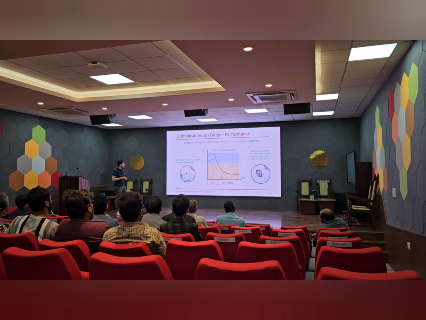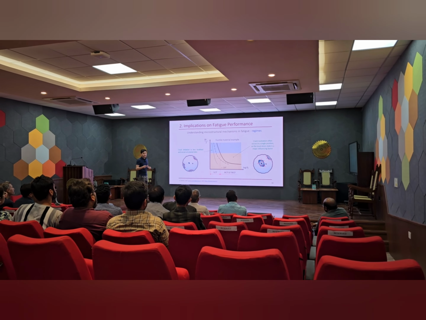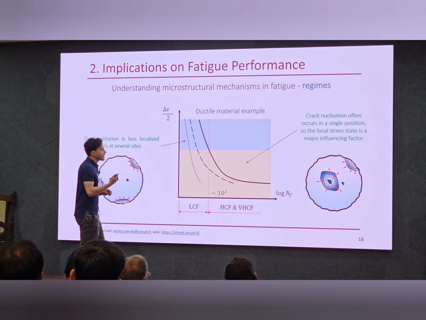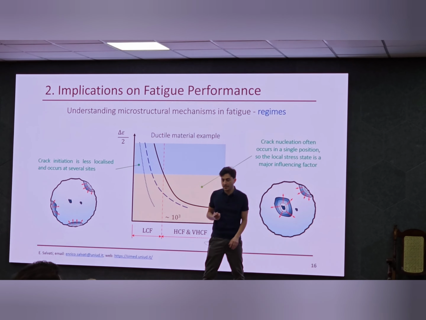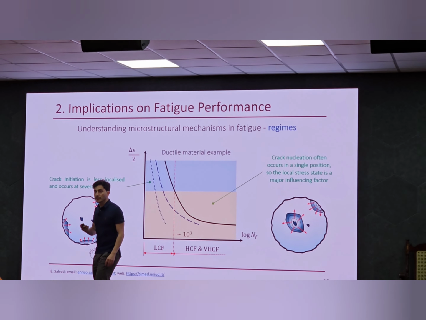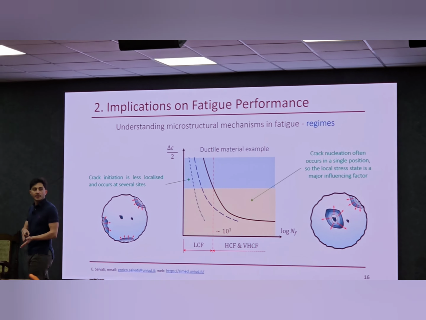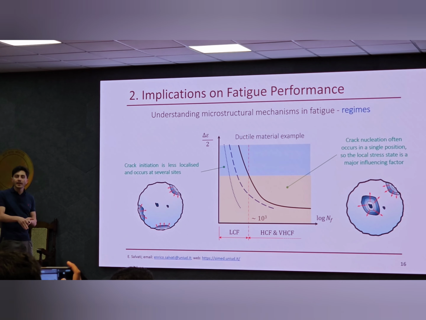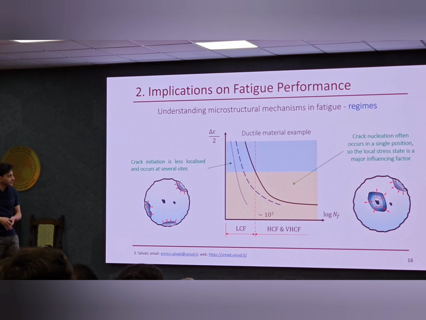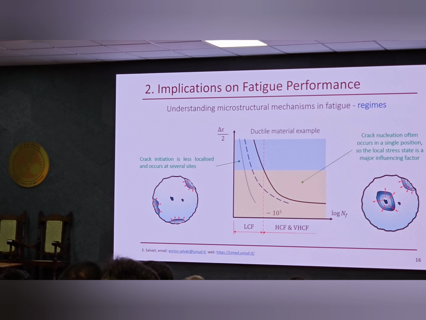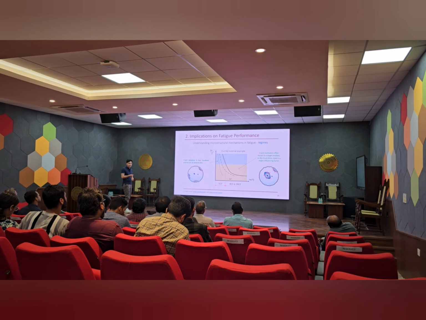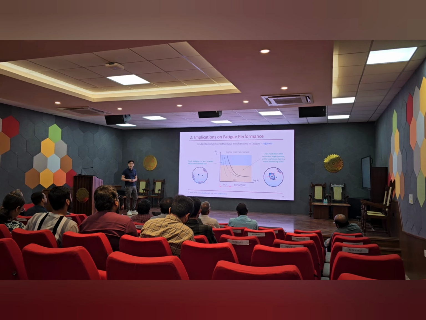While for high cycle fatigue and very high cycle fatigue, most of the time, most of the mechanical components have cracks that start from the free surface. That's because the material can slide, can undergo this shear. So you have extrusion, intrusion, so it's more free to move, so it's more likely to have a crack starting from the free surface.